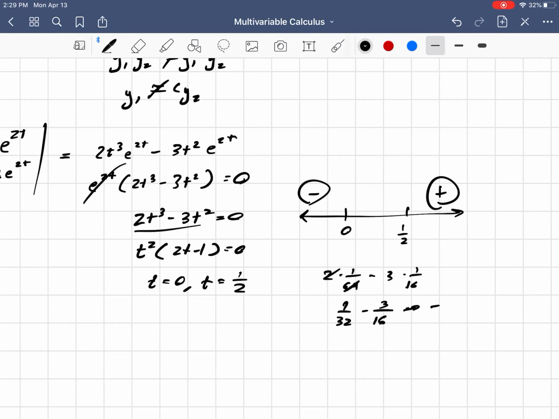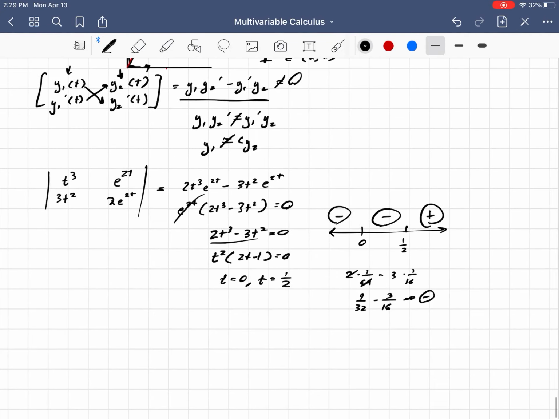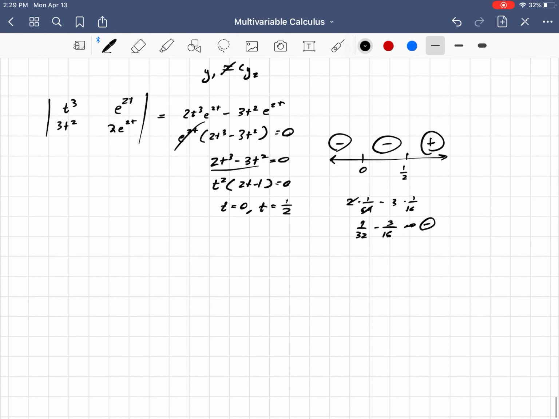Is that going to be positive or negative? That's 1 over 32 minus 3 over 16, and so that's going to be a negative number. So we have negative, negative, positive.